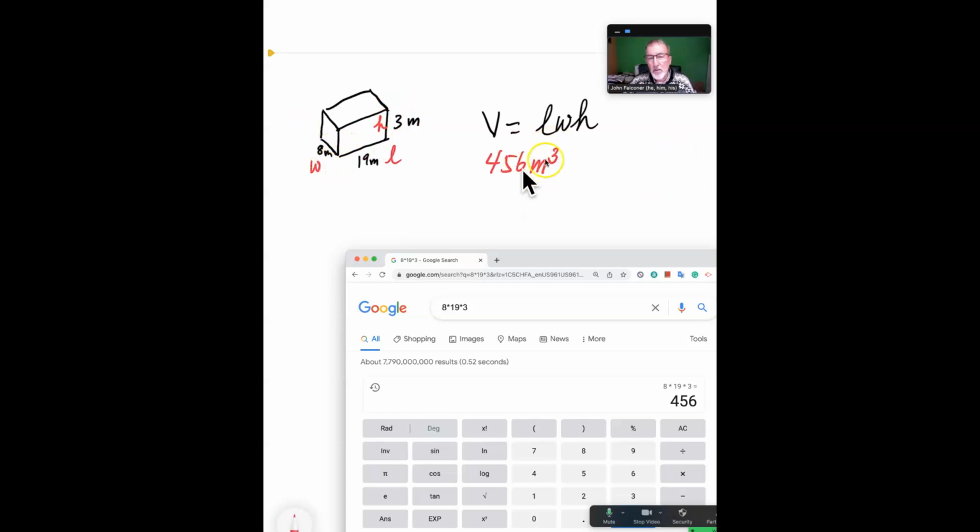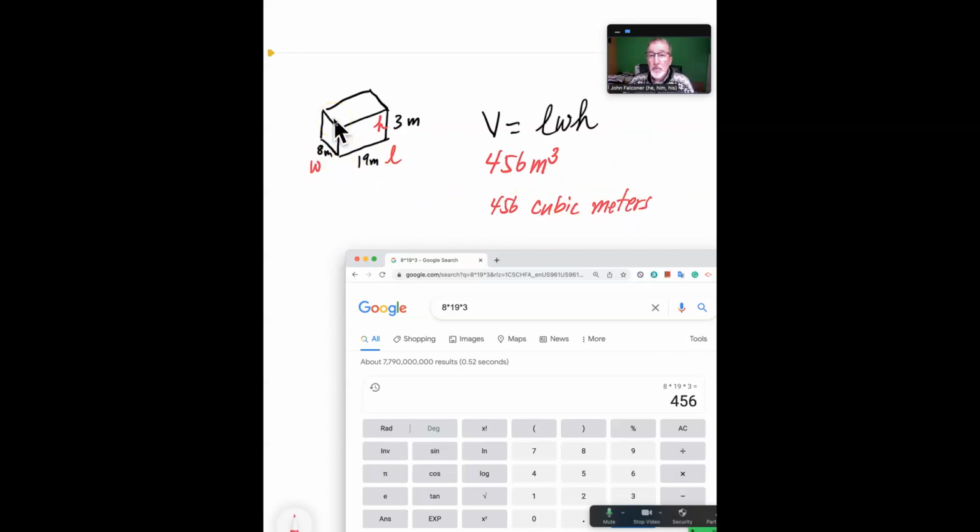So our volume, that's why we call it volume. The volume is, we have this cube here. So 456 meters cubed, or 456 cubic meters. And that just tells everyone that the units here are measured in 3 dimensions.